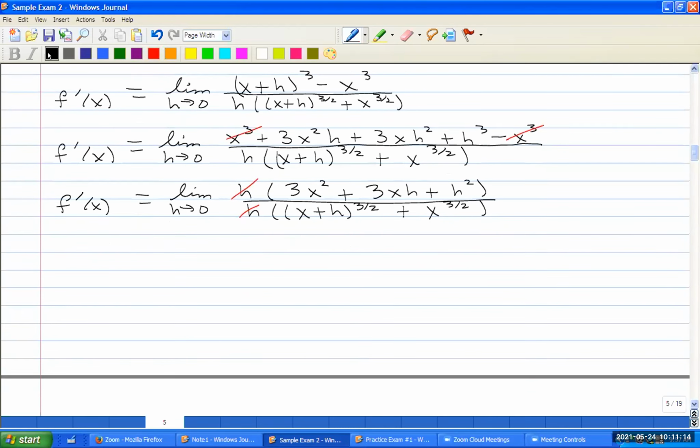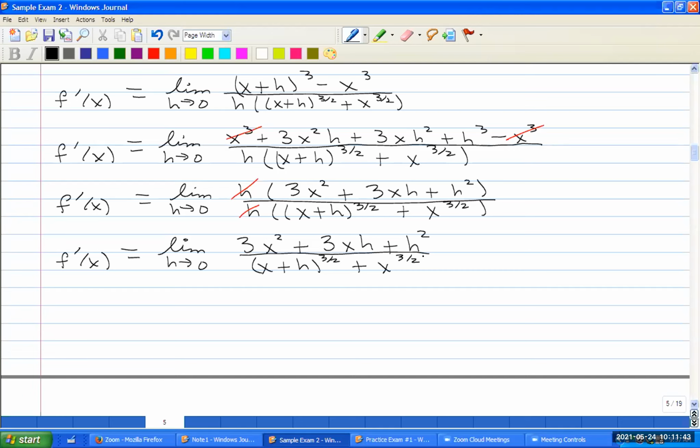So this is equal to the limit as h approaches 0 of 3x squared plus 3xh plus h squared over x plus h to the 3/2 plus x to the 3/2. So as h goes to 0, well, the 3xh and the h squareds go to 0. The x plus h to the 3/2 goes to x to the 3/2.